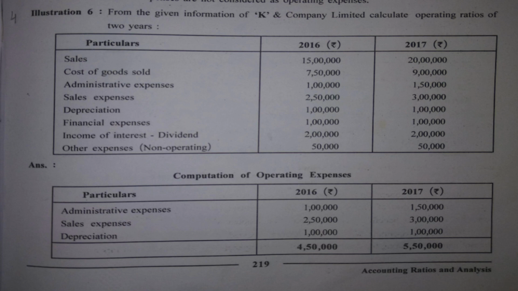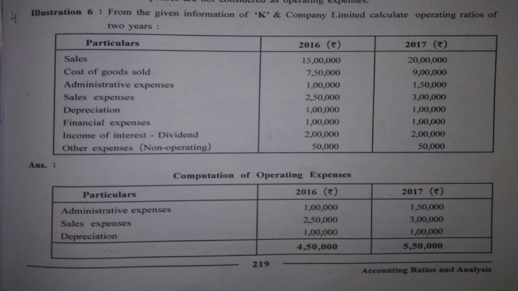Moving towards the next illustration, illustration 6 given on the same page. From the given information of K and Company Limited, calculate operating ratios of 2 years. The data of 2 years is presented, 2016 and 2017. I will explain 2016.